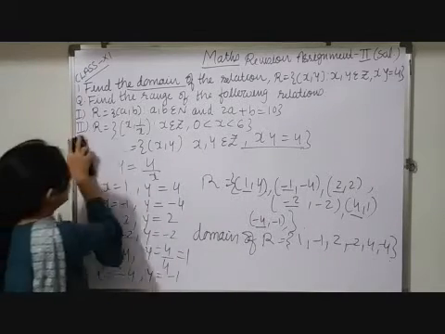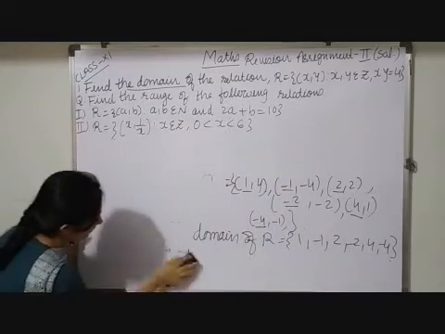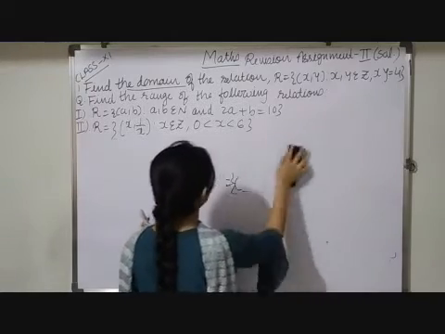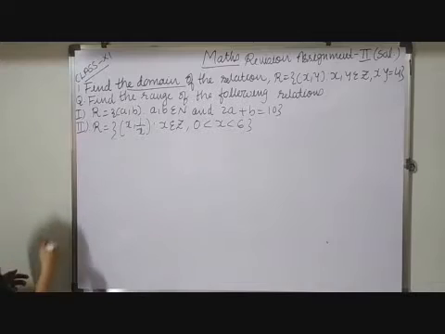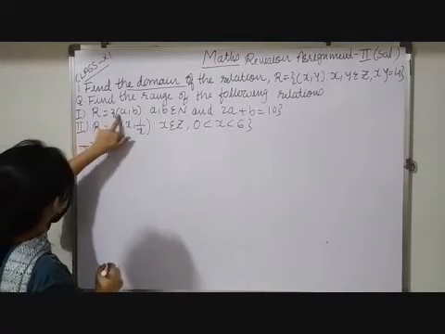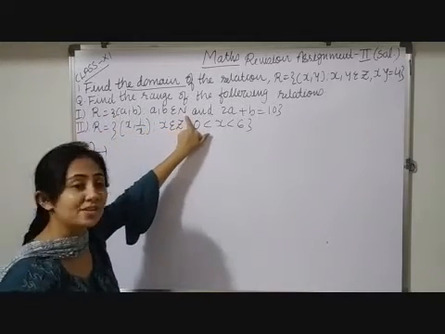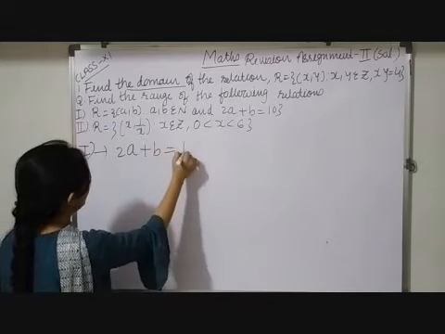Now next question here we will solve. In that we have to find the range. See here, next question. Relation R is defined as (a, b) such that a, b belongs to N, natural numbers, and they have given the condition 2a plus b equals 10.